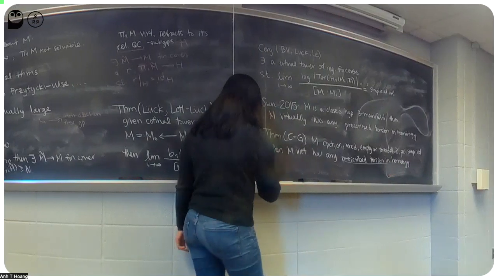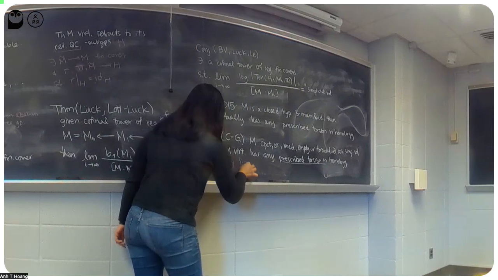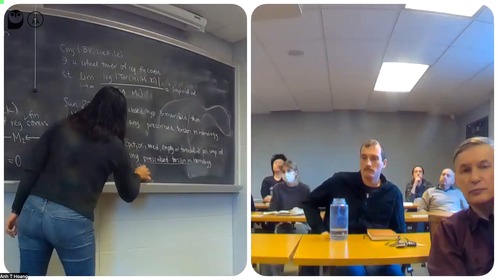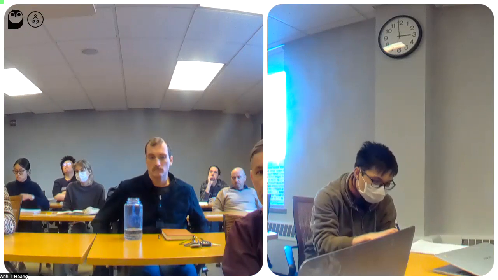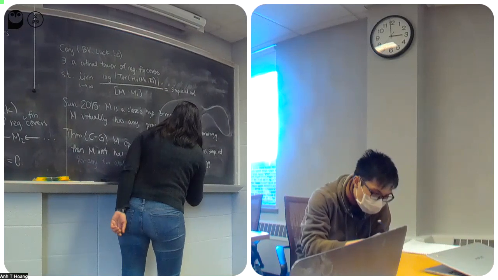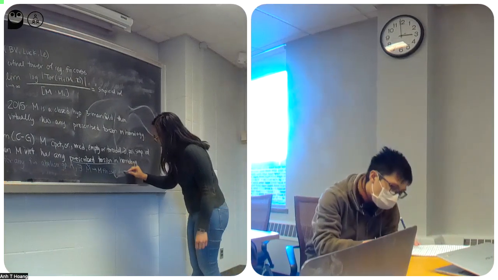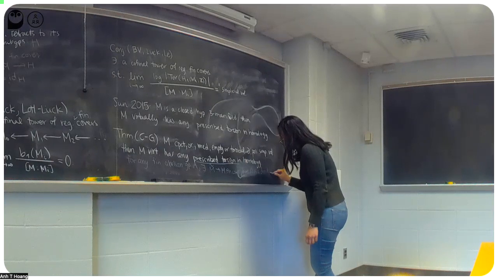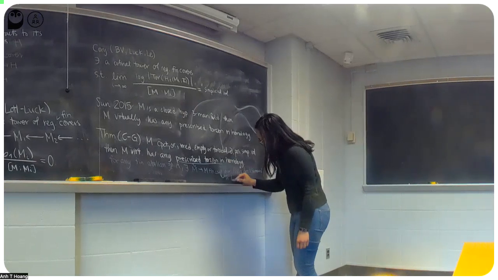Here it is: for any finite abelian group A, I can find a cover where A is a direct summand in H1 of the cover.